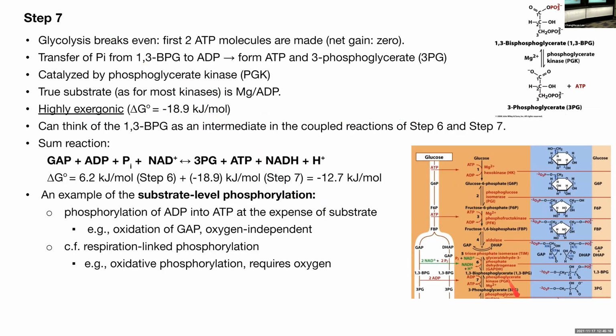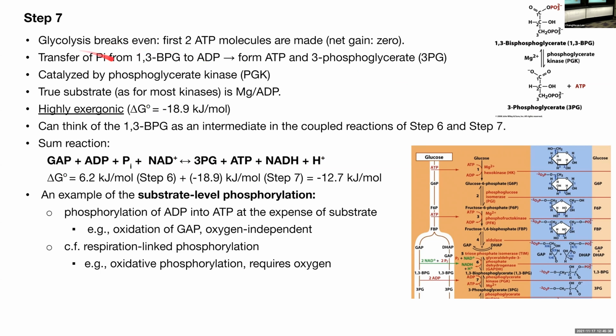So the next step would be this process where 1,3-BPG becomes 3-phosphoglycerate. When you look at the structure of these molecules here, it's losing this phosphorus group from 1,3-BPG.